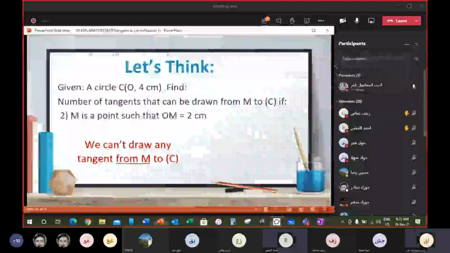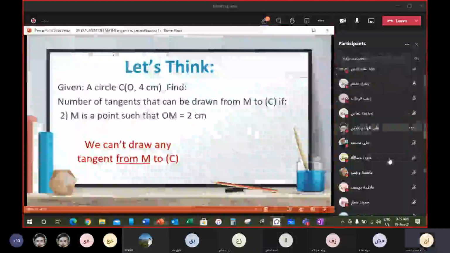A question for Fatima Wehbe. If M is a point inside the circle, how many tangents can we draw to this circle from M?